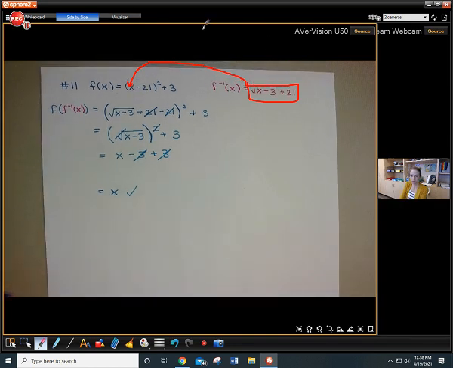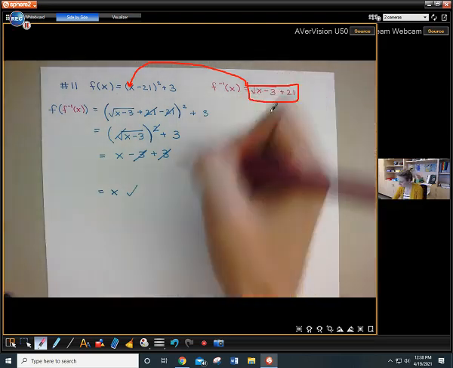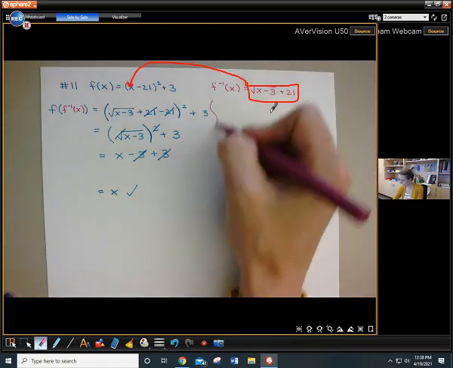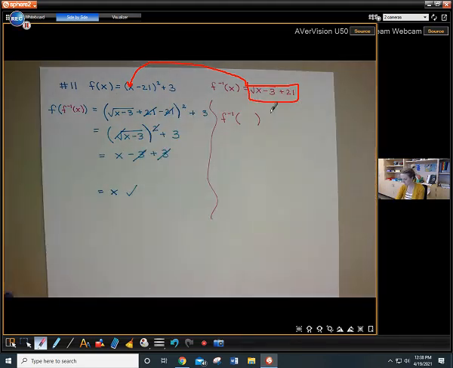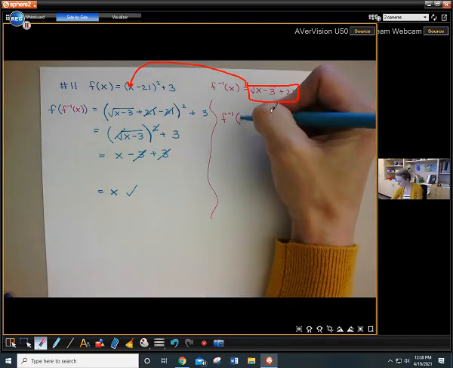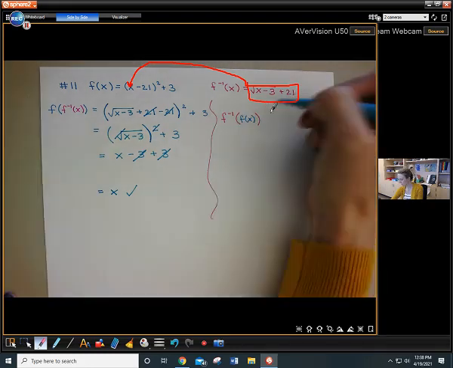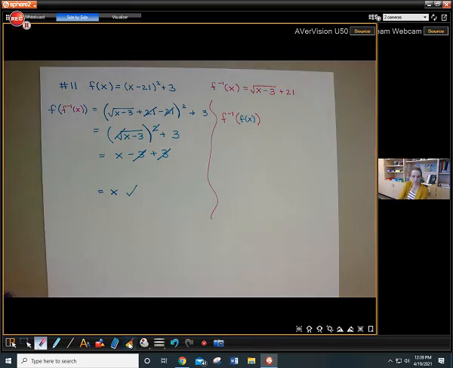So instead of plugging this equation in here, I'm going to take this equation and plug it in over there. So now I'm going to substitute into the pink function, substituting the first function in. I'm going to take this expression and substitute it into that x spot.